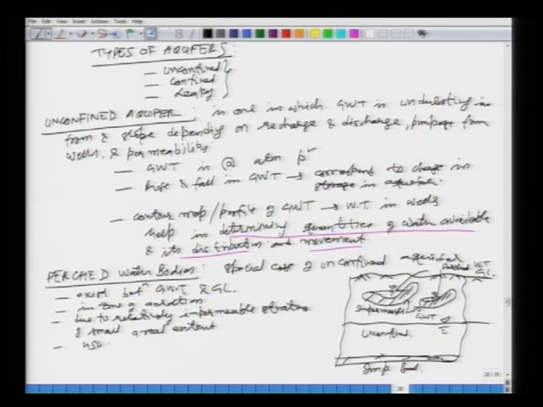It is usually shallow, as I said. If you dig a well in a perched water body or aquifer, such wells will have what? Very small and temporary yields.